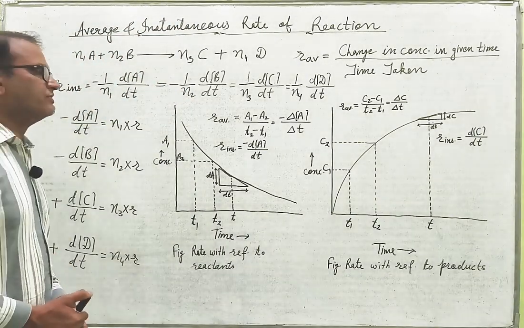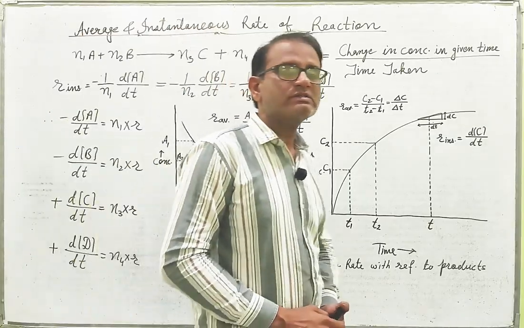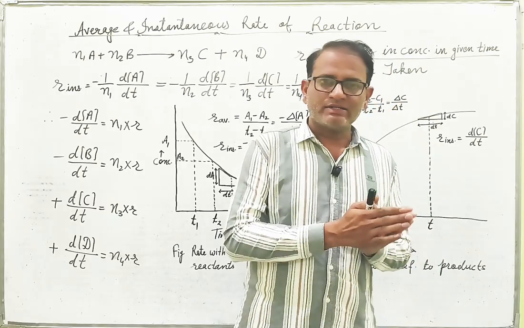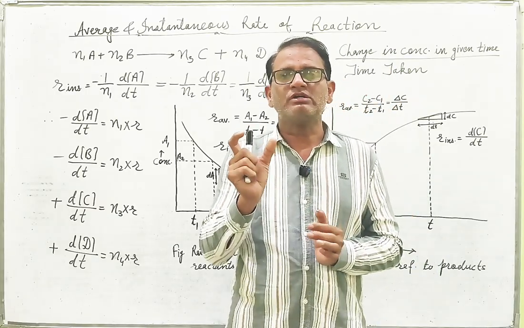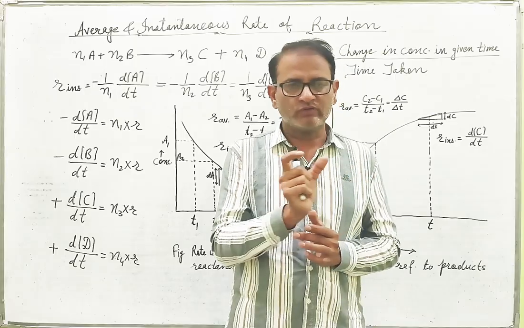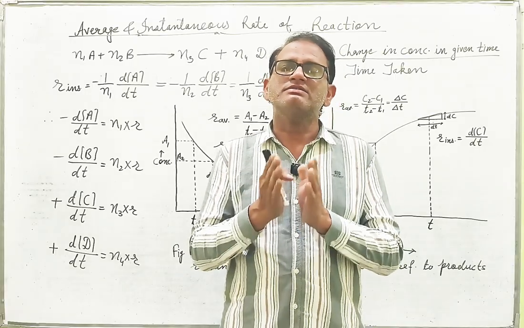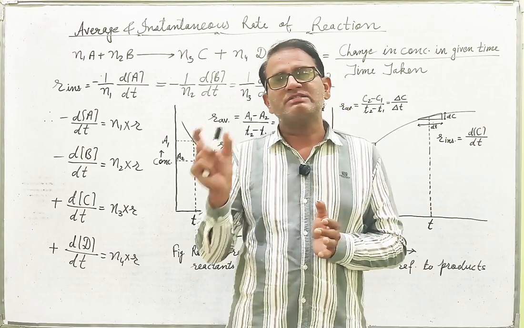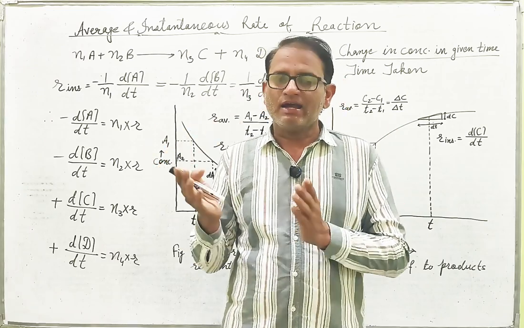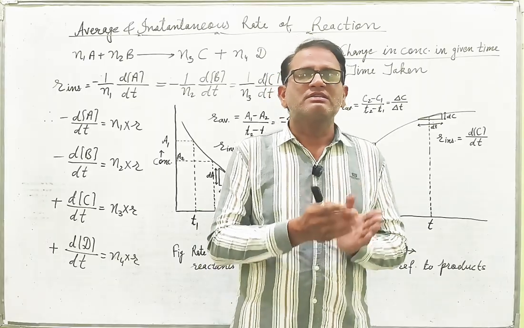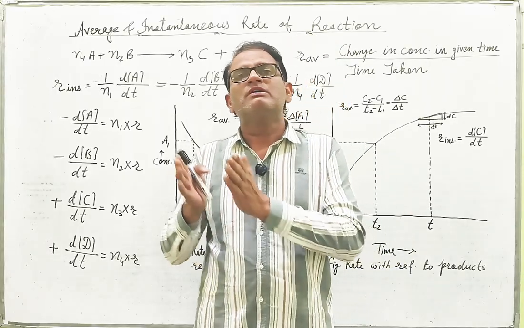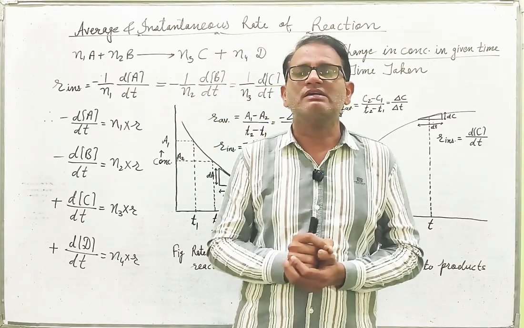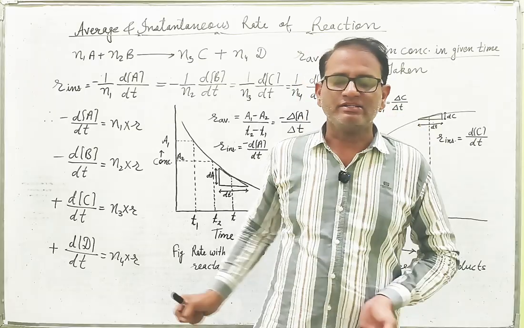For instantaneous rate of reaction, what is it? The change in concentration of one of the reactants at a particular moment of time, or what we can say, the decrease in concentration of one of the reactants at a particular instant of time, or the increase in concentration of product at a particular instant of time, is called instantaneous rate of that reaction.